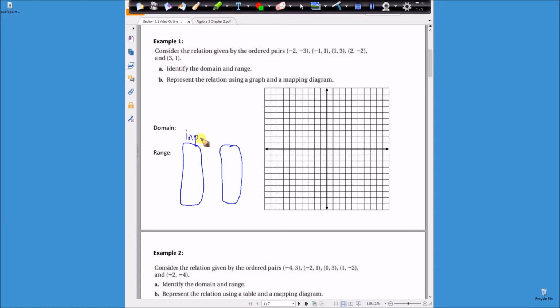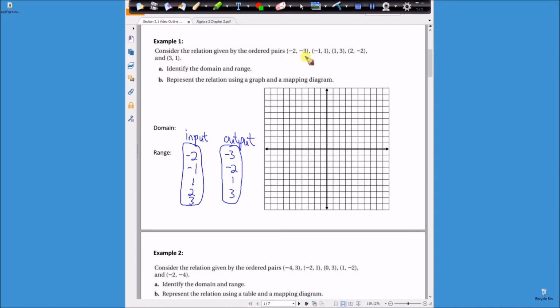So we have input -2, -1, 1, 2, and 3, and then output -3, -2, 1, and 3.